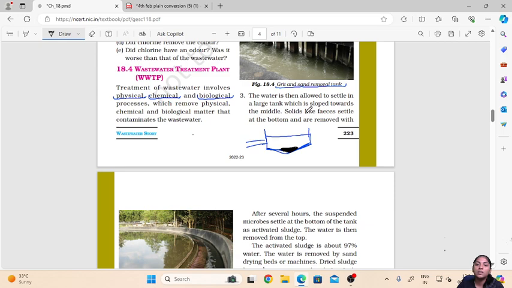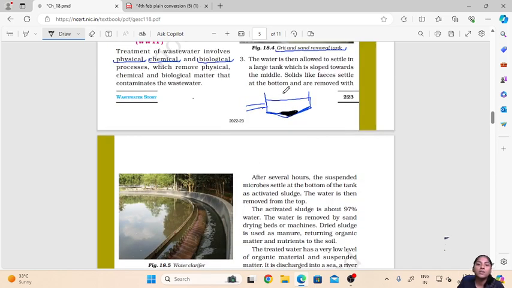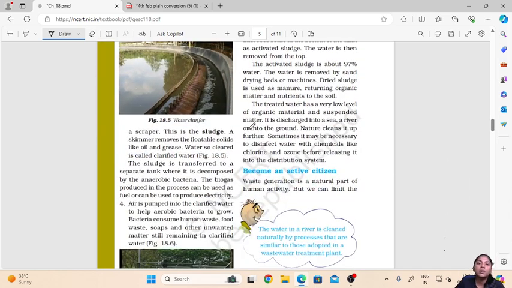The solids like feces settle at the bottom and are removed with a scraper. So these solids will be scraped away. Now this is the sludge. Okay, the solid feces and all which are there is called a sludge.